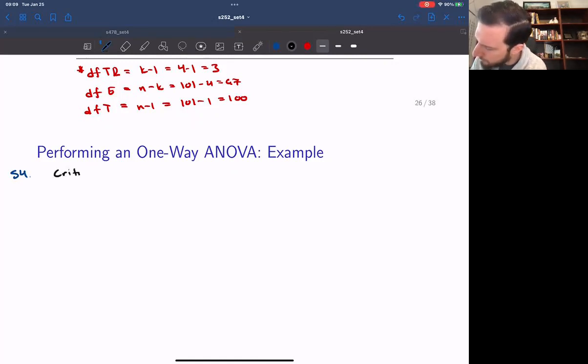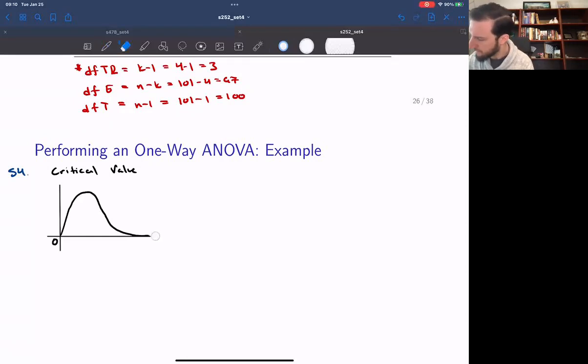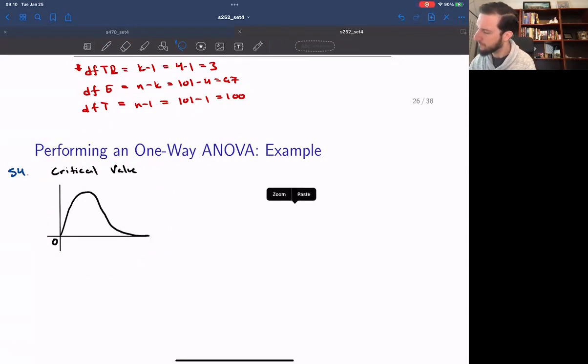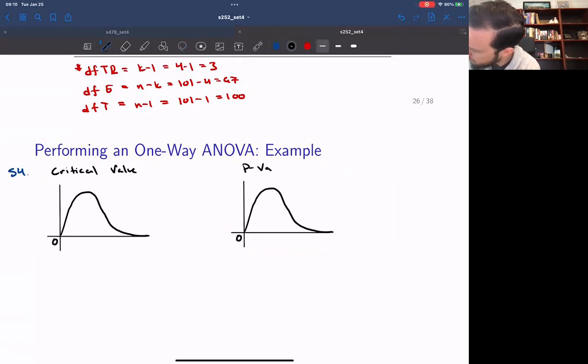So if we take the critical value approach, we start by sketching out our F curve.